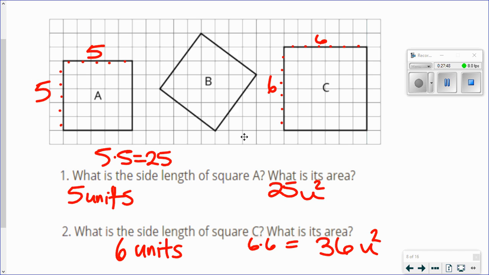Currently, I don't see a square surrounding square B. So what that means is I'm going to have to create one myself. So I'm going to go ahead and create a square as close as possible, touching the corners, the vertices of figure B, so I can apply the surround and subtract model. So I know if I go up from this, here I am, I can keep going.